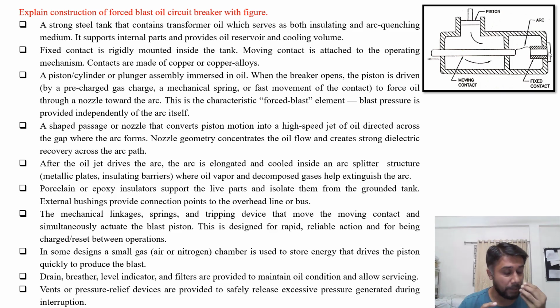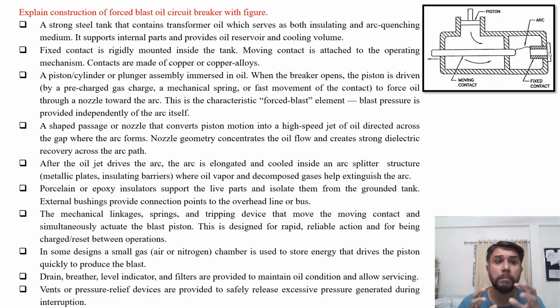Drain, breather, level indicator and filters are also provided to maintain the oil condition and allow servicing. Vents or pressure relief devices are provided to safely release the excessive pressure generated during the interruptions.